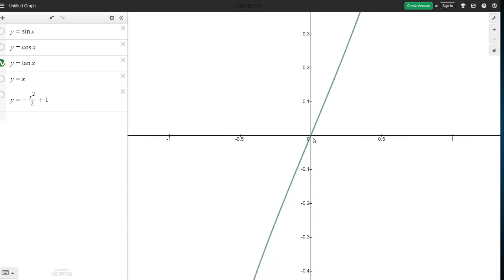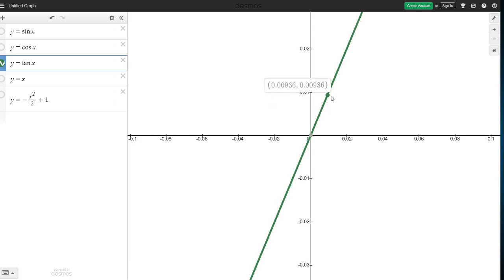So again, if we zoom in, we can see we get a very, very similar looking graph to sine x. So we can put this one over the top as well.